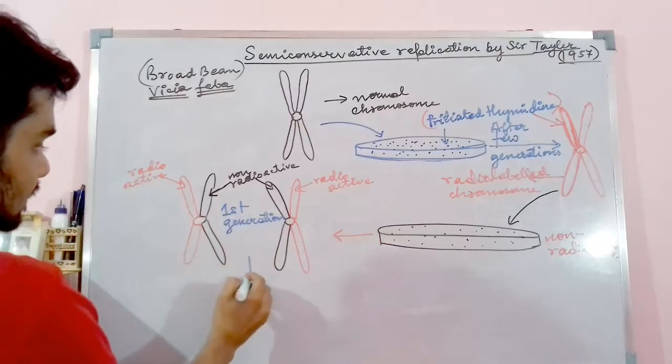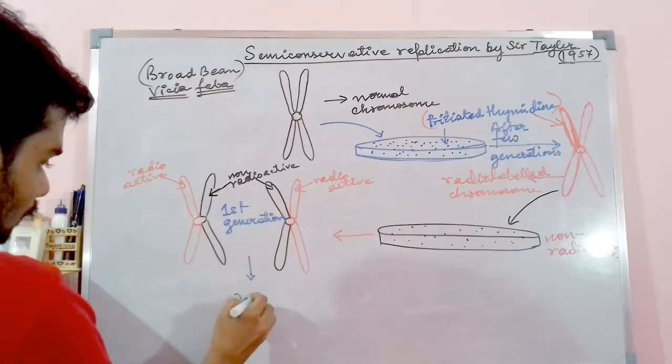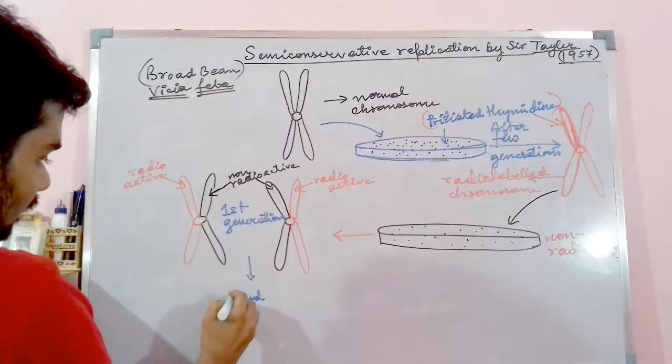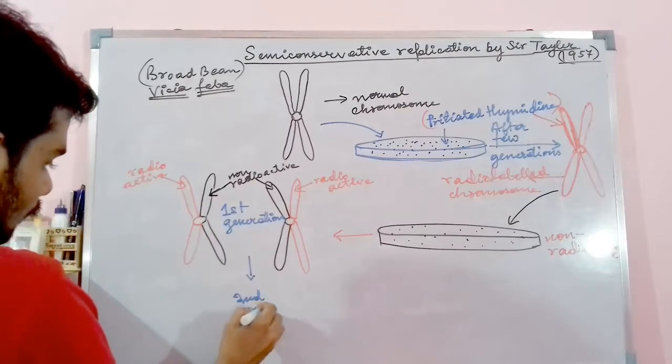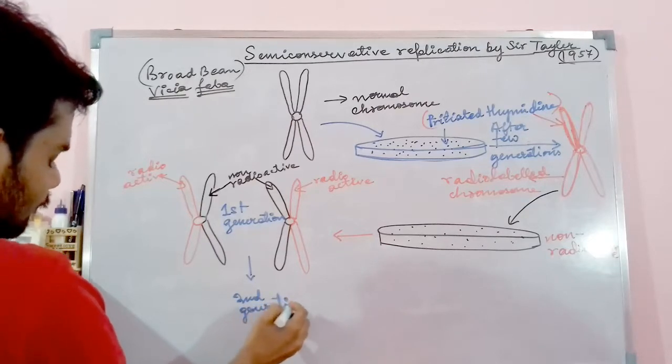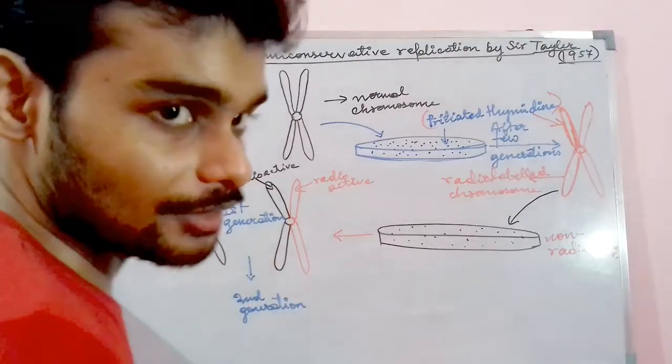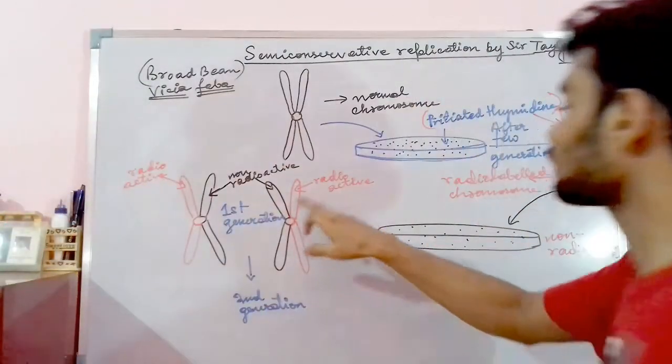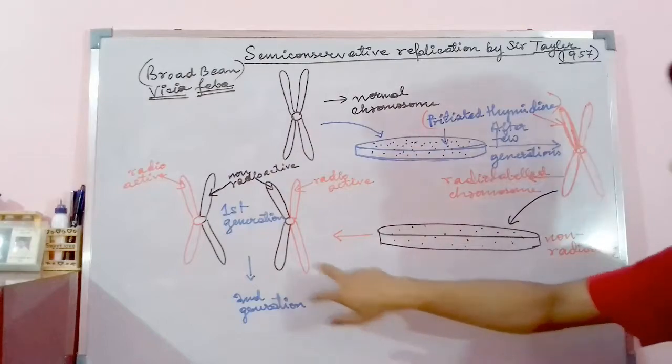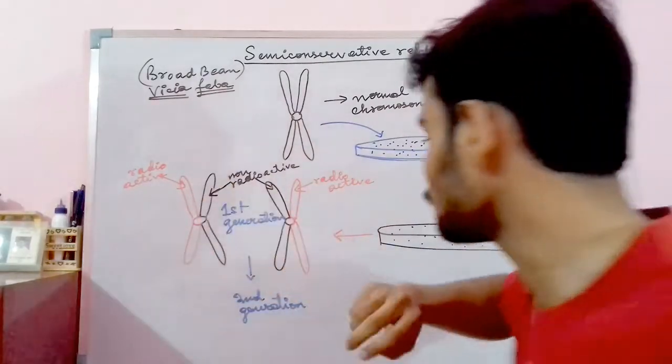Now again in the second generation, what will happen? This particular chromosome will divide into 2 chromosomes and this particular chromosome will divide into 2 chromosomes.